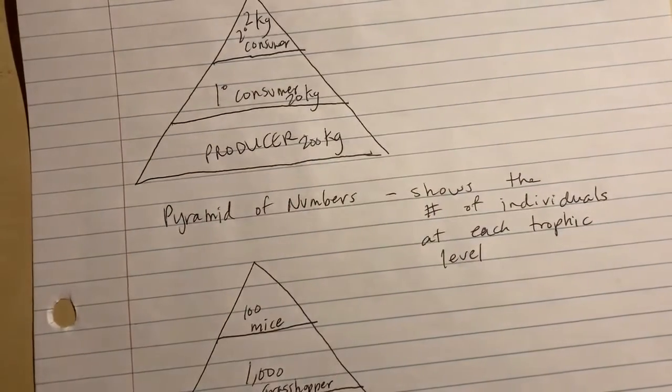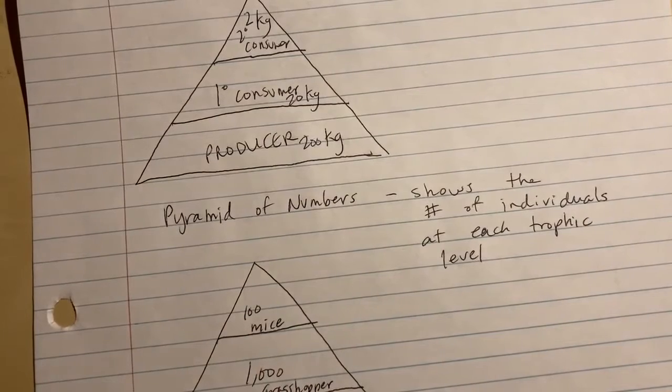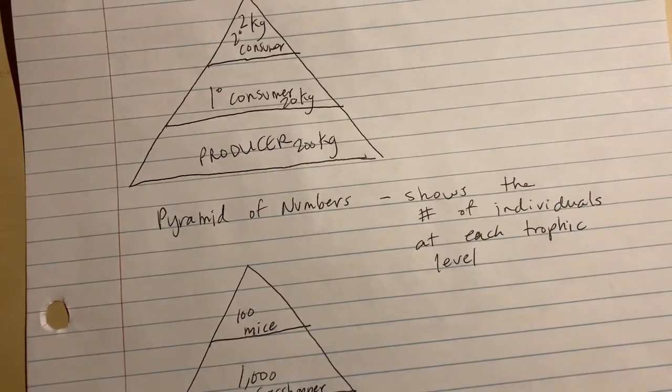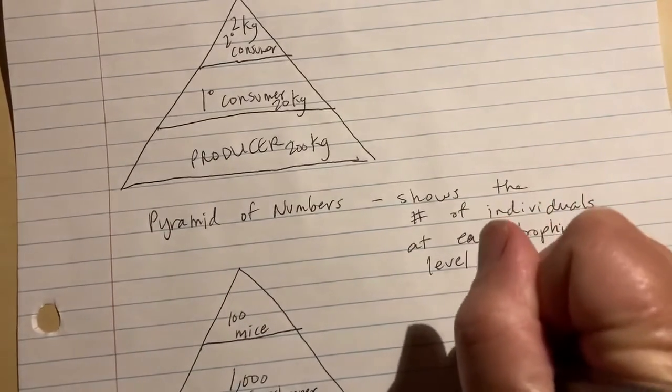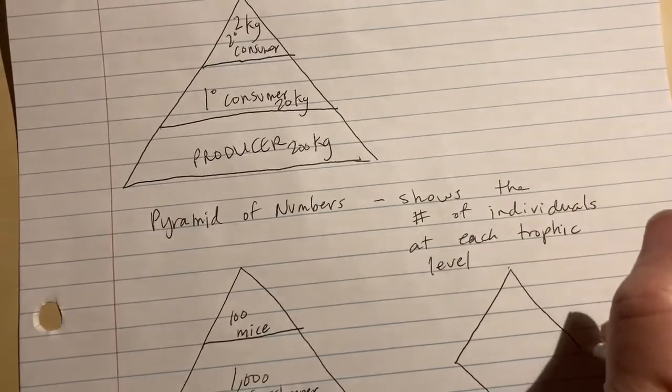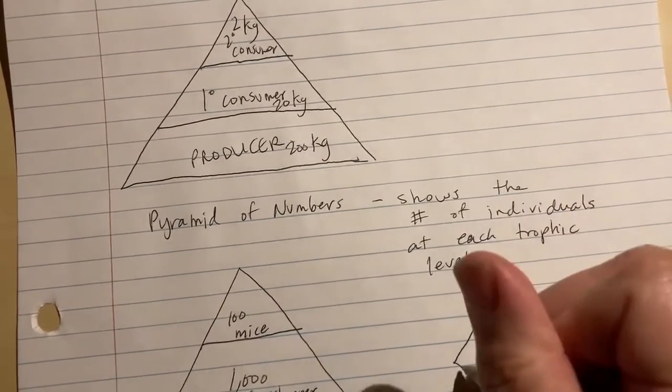Okay, so your typical pyramid of numbers is going to still be a pyramid, but sometimes, because we can get some really huge producers, sometimes it looks more like a diamond shape, for example.